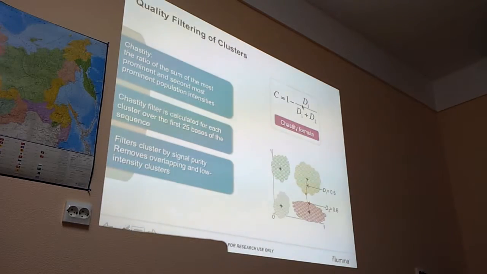So in this case, and you see here the position is just at the edge, it would be rejected because it's not a very clean signal. So it can also be spread from the next cluster.